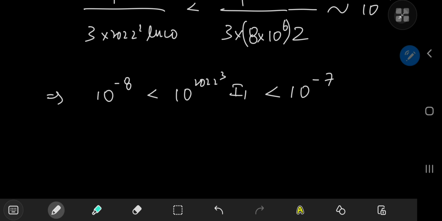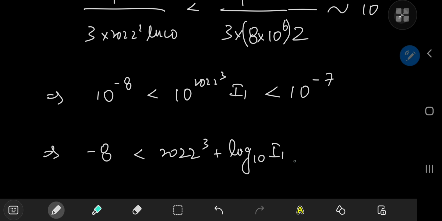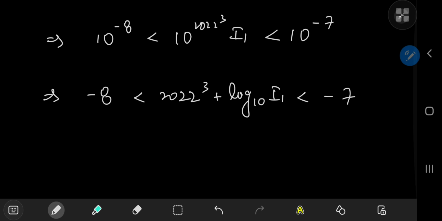And now using the common logarithm, we have negative 8 being less than 2022 cubed plus log base 10 of I sub 1, which is exactly what our target was. But of course, we still have to take the floor function, and this is less than negative 7. Awesome.